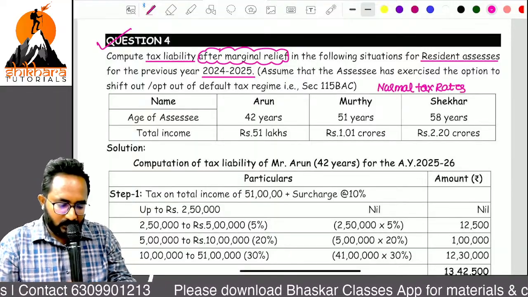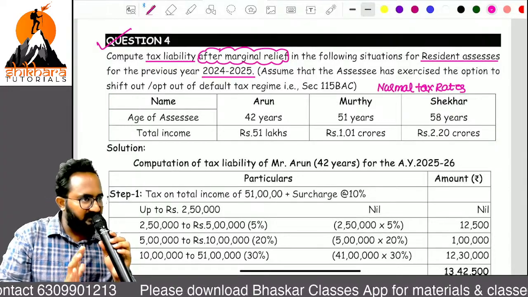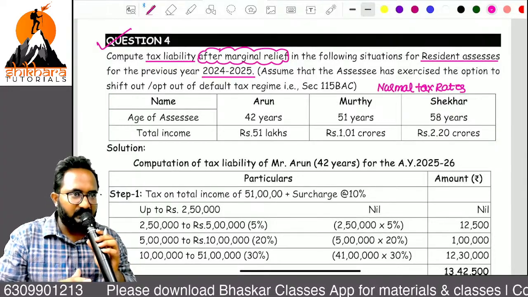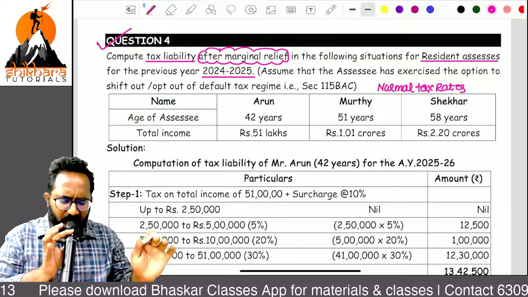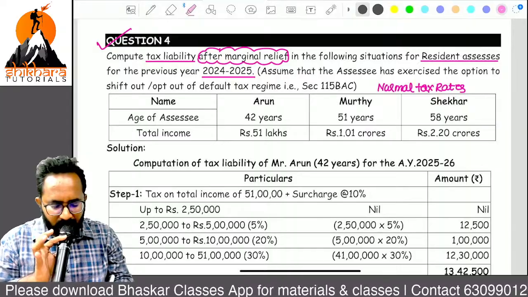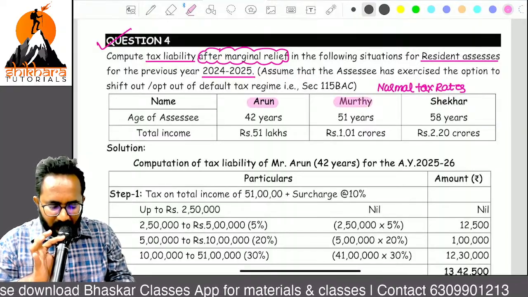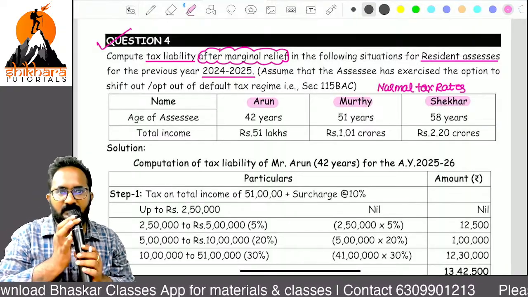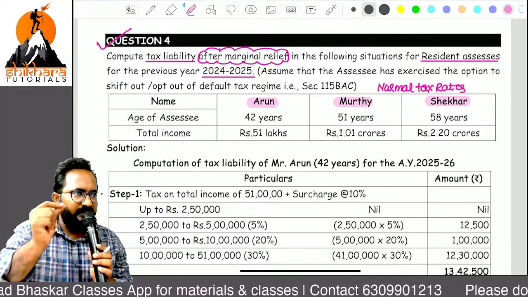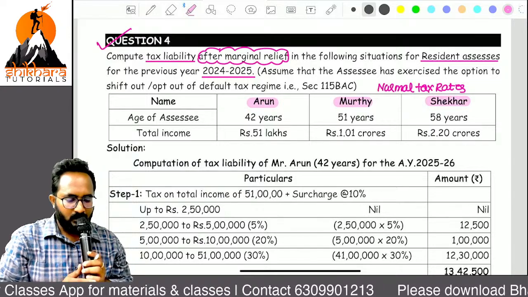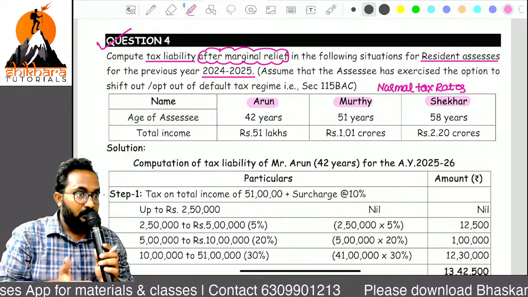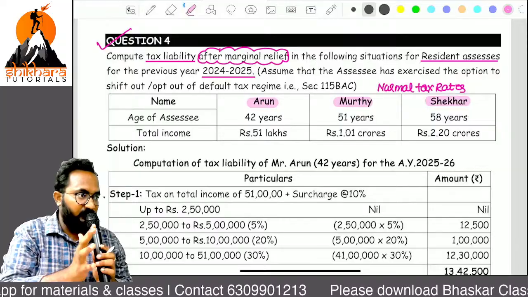Okay. So I will give you 1 or 2 minutes of time, ma. Now you can decide. So directly you need to tell, sir, directly Arun case, please refer. Morty case also you can refer. Last Shikhara case. In these 3 cases, definitely we can get marginal relief in 2 cases. What are the 2 cases, ma? Why? How can you decide? The basic limit for surcharge is 50 lakh.